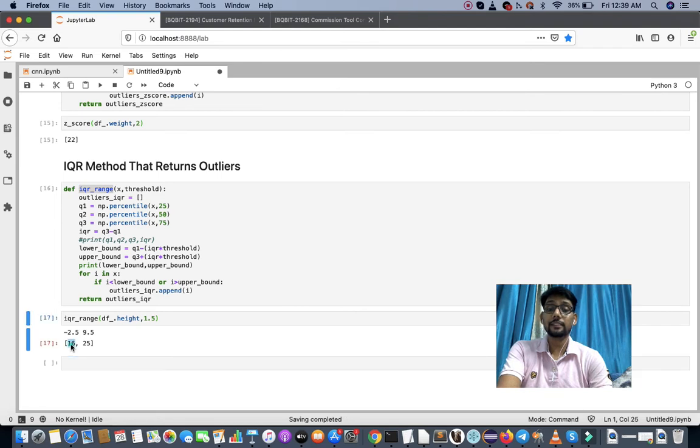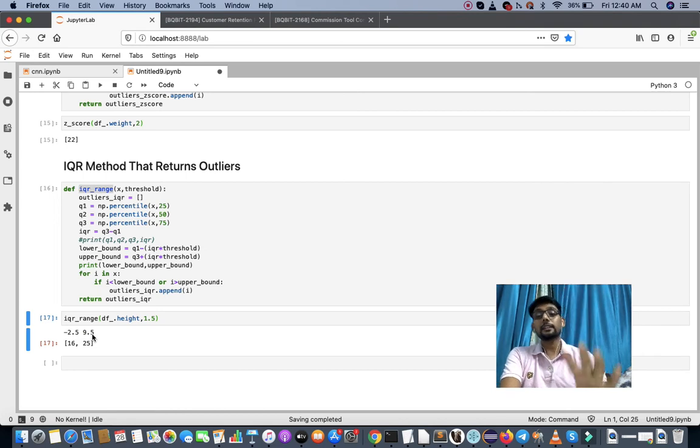So we can say 16 and 25 are above 9.5. If the values lie between minus 2.5 and 9.5, these are not outliers. If a value is below minus 2.5 or above 9.5, these are the outliers.